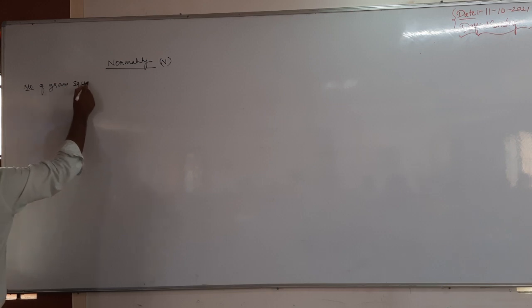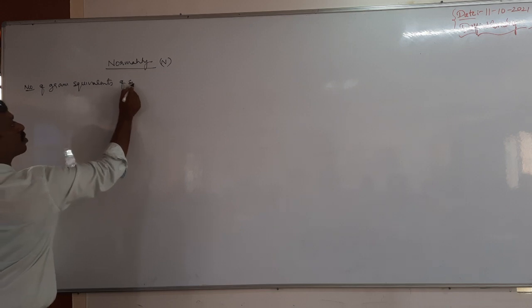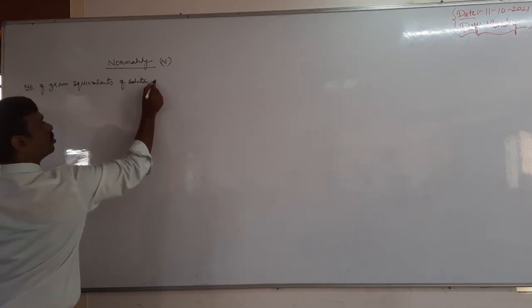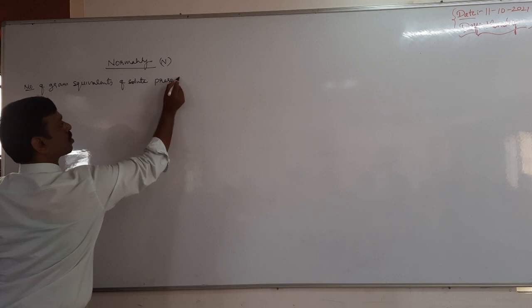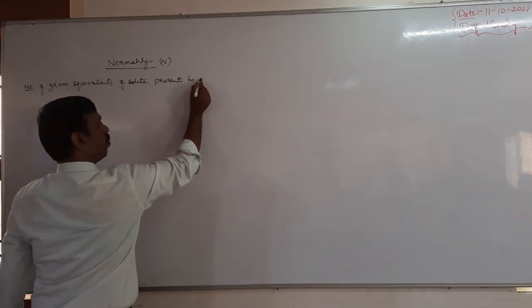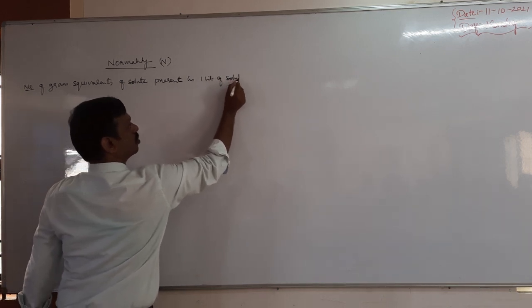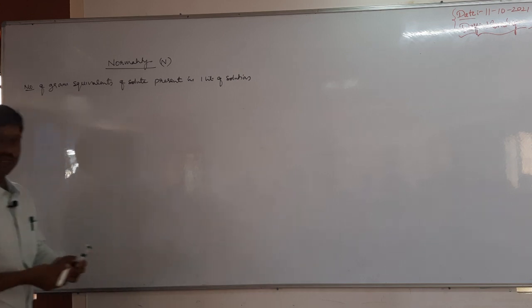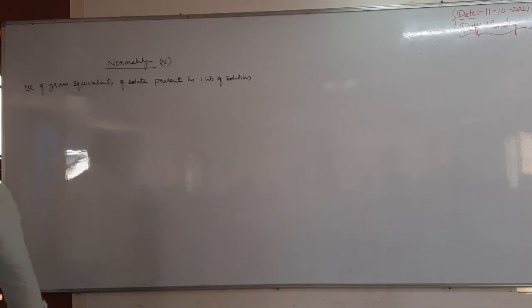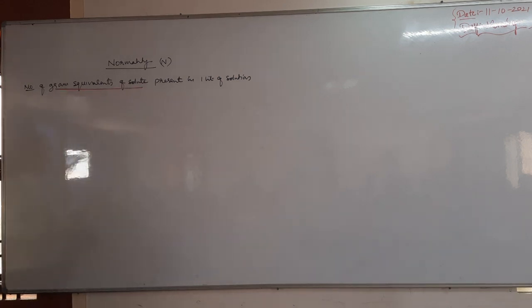So therefore, write down: number of gram equivalents of solute present in 1 liter or 1 decimeter cube of solution is called normality.